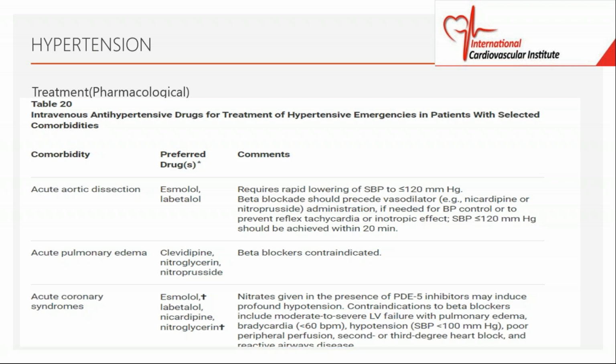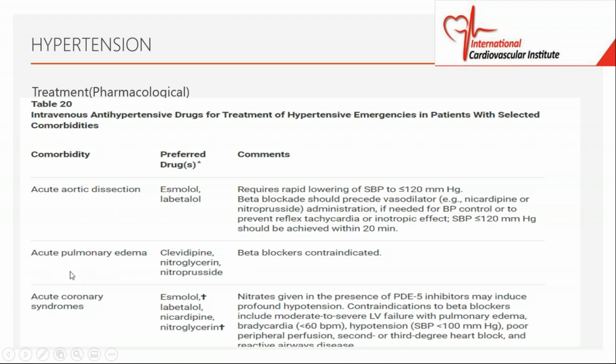So patients with dissection or suspected dissection, you have to give them a beta blocker first, and then you can use a vasodilator, or you just use labetalol, because labetalol has both beta blocking property and alpha blocking property, and that is why labetalol is probably the best medicine to use in this situation. And again, you want to lower the systolic blood pressure to less than 120 millimeters of mercury in the first hour. Okay.